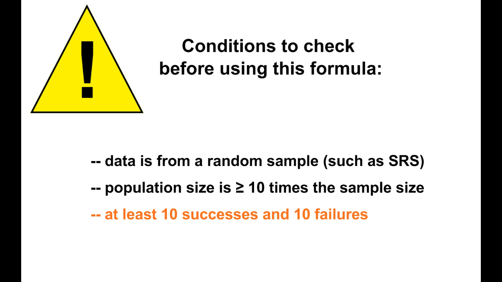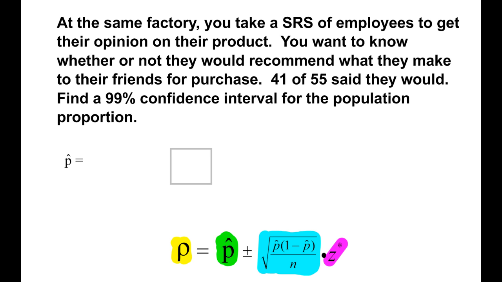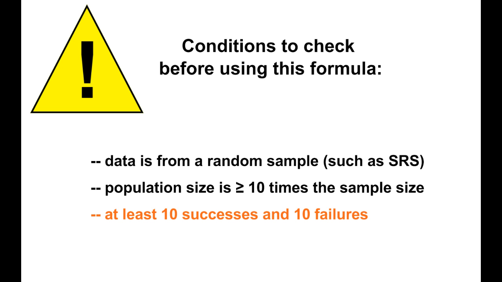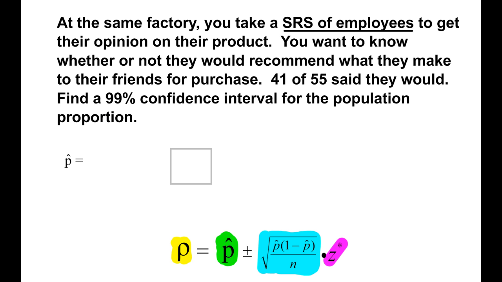We have data from a random sample. It looks like here we have an SRS. So yes, an SRS of employees is going to be a random sample. Next one, population size is greater than or equal to 10 times the sample size. Well, if we're taking a survey of employees and we have 55 in our survey, I would actually be a little bit worried about that.